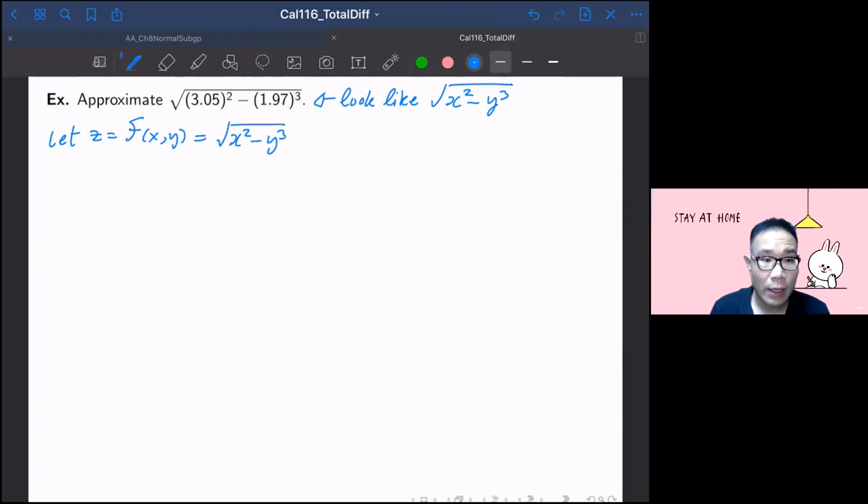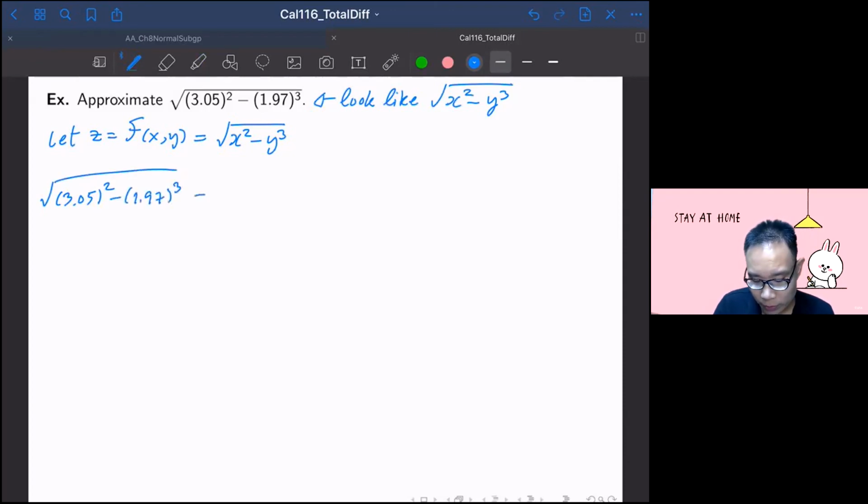Okay, and we see that you have the square root of 3.05 squared. So let me analyze this one a little bit. So it's going to be the square root of 3.05 squared minus 1.97 to the third.